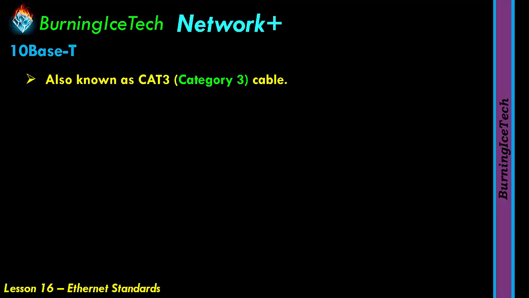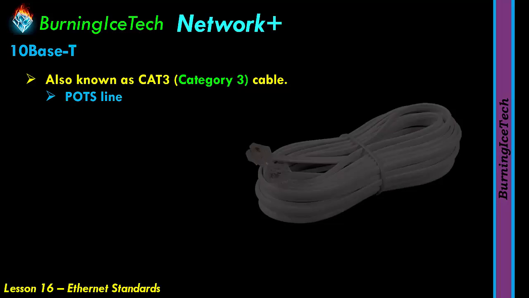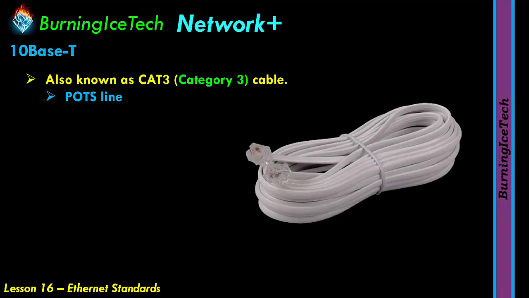Believe it or not, this is basically your good old-fashioned telephone cable. The telephone lines you plug your phone into, that, guys, is Cat 3 cable. Some folks also call these POTS lines, P-O-T-S. It stands for plain old telephone system. Now yes folks, 10BASE-T could also be a normal computer cable.